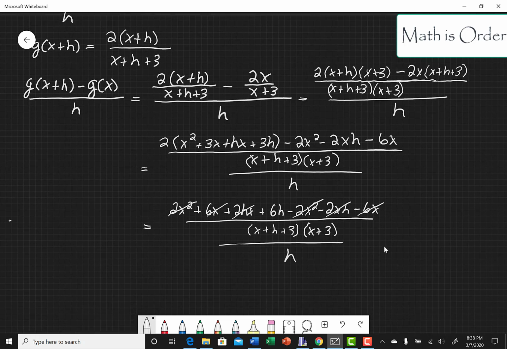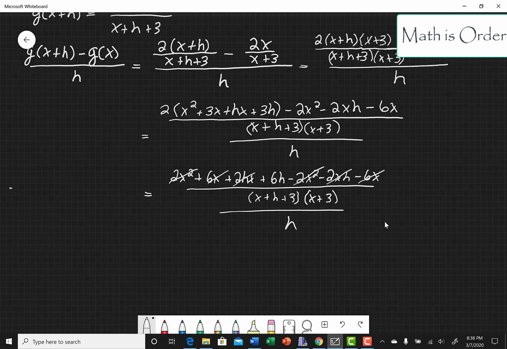So this simplifies to 6h over x plus h plus 3, x plus 3, all of this over h.